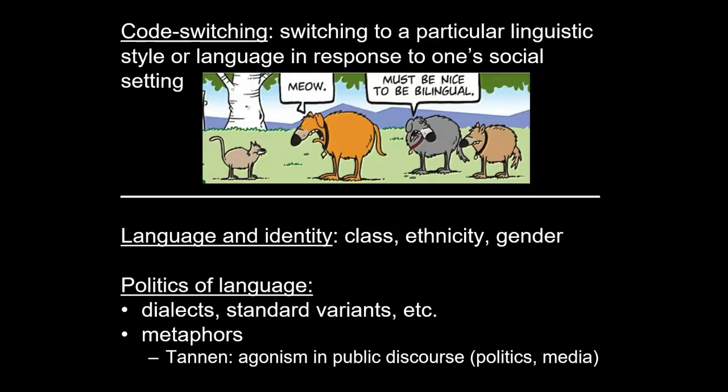Sometimes you might mess up and not quite fully switch, or mix things together. That's a common practice too. So we end up with mixed languages. When people do a lot of switching, they may end up with a sort of hybrid language. But people in general are very good at both reading the social setting they're in and getting their language to switch over to that quite readily. Okay, so that's one key thing we want to keep in mind, code switching.